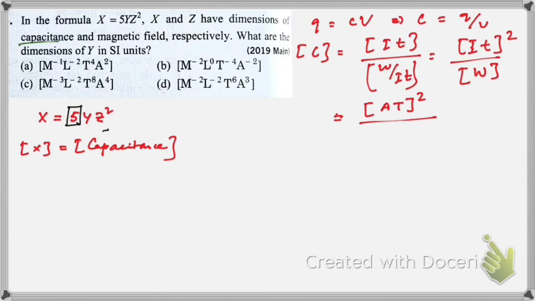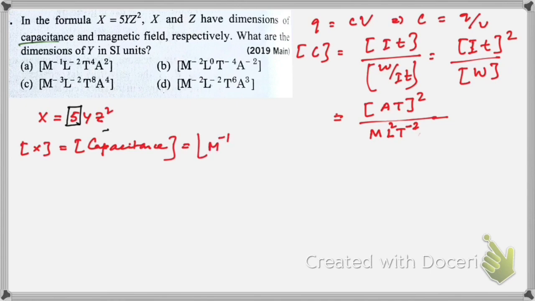Work done is force into displacement, and force is mass into acceleration, M L T to the power minus 2, and again into displacement, that is nothing but L, so here we have to write L square, right?